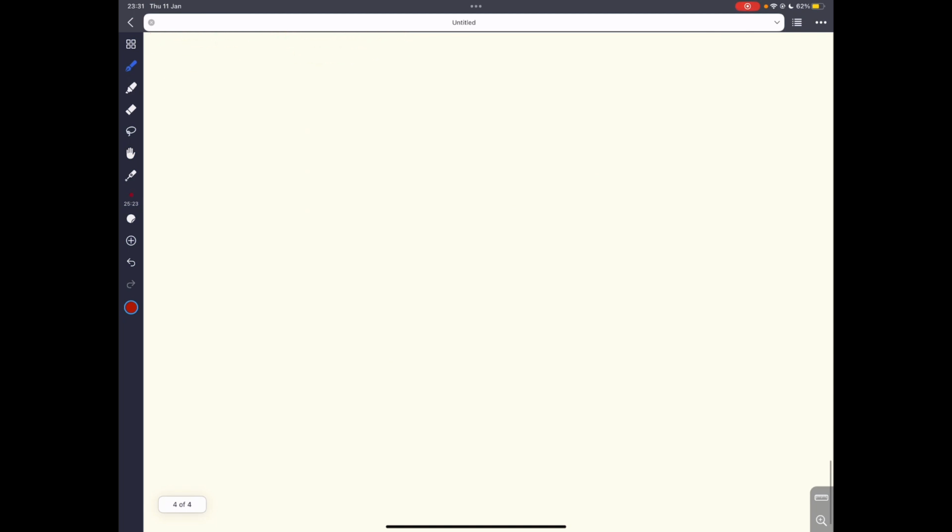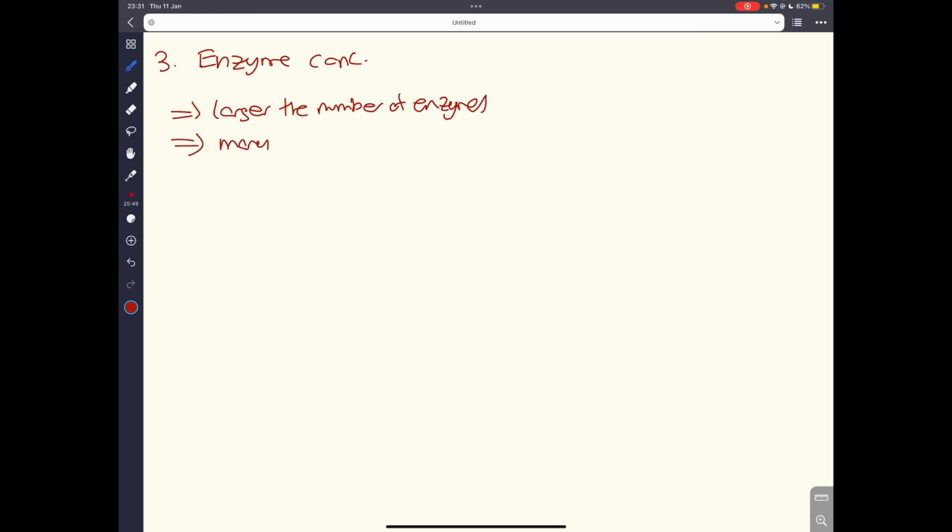Okay, now the next factor that I would like to talk about is enzyme concentration. Now this is very much self-explanatory because the larger the number of enzymes, you can imagine, if there are so many enzymes, there are many active sites, right?